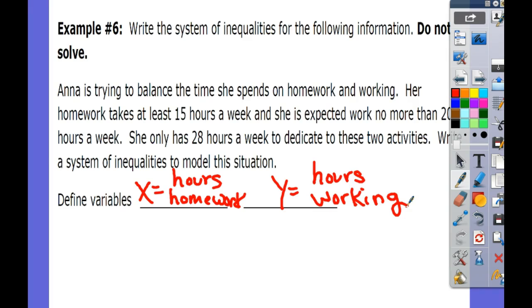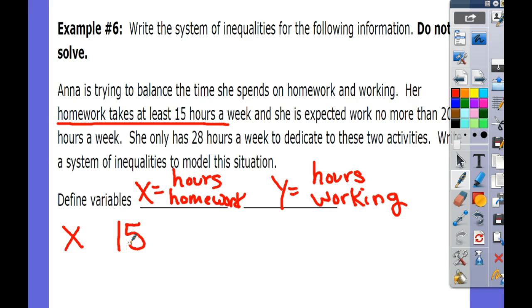One of the issues some of you had on the last test was trying to put everything in one equation. This is not going to be one equation. Here's the first equation. Her homework takes at least 15 hours. Homework takes at least 15 hours. Which letter were we using for homework? And 15.